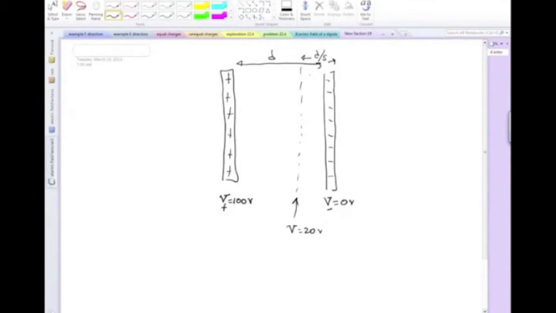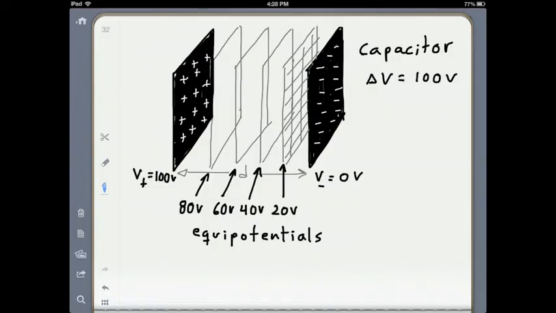A sheet that is a distance of D divided by 5 from the negative plate. That's where those points are going to be. If I were to look at this in 3 dimensions, this is what it will look like if I try to give a perspective. The surfaces where the electric potential is constant form plane sheets that are parallel to the surfaces of the capacitor.